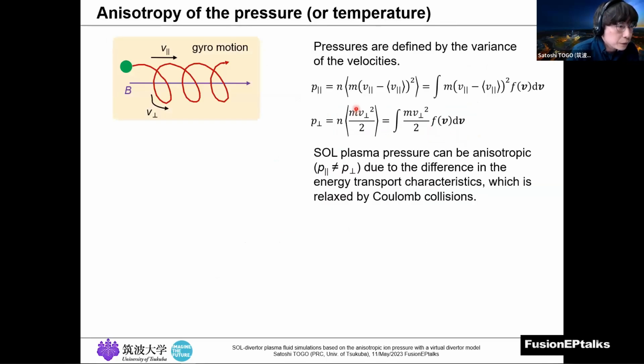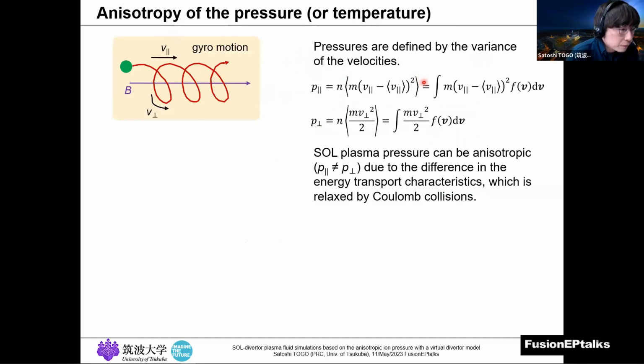Here, let me briefly explain the anisotropy of the pressure or the temperature. First, we introduce V-para and V-perp, which denote the parallel and perpendicular velocity to the magnetic field line in the gyro motion of a particle. Then the parallel and perpendicular pressures are defined by the variance of the V-para and V-perp respectively.